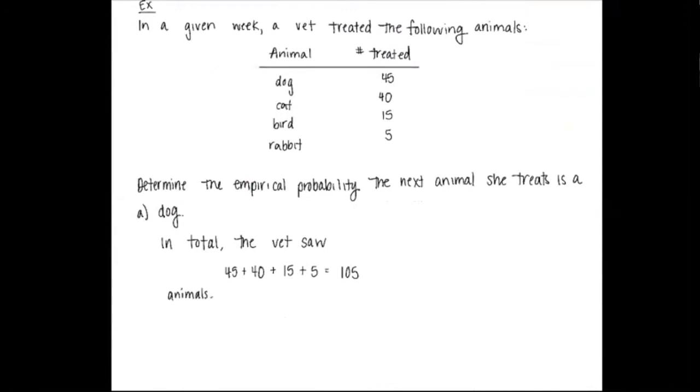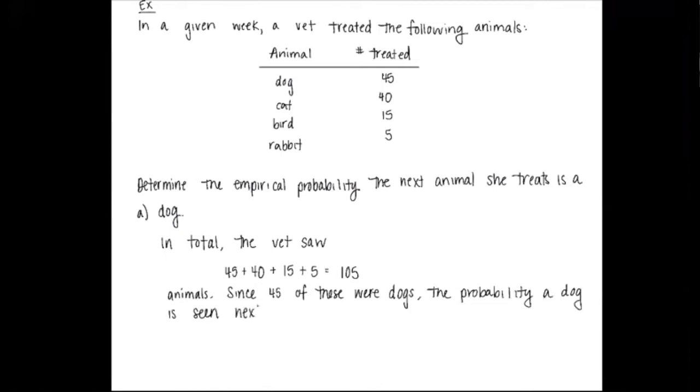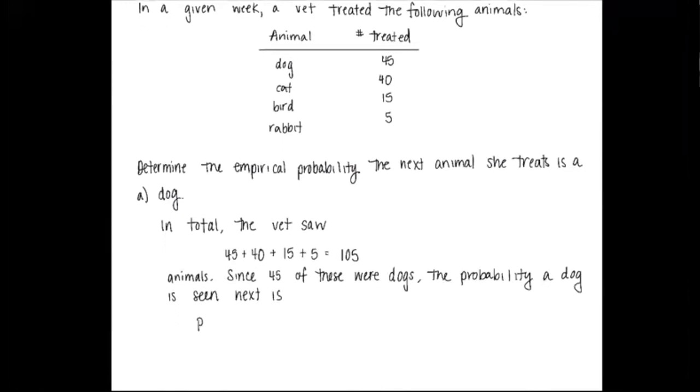So what would your probability of a dog be then? 45 over 105. Got it. So since 45 of these were dogs, the probability a dog is seen next is, and I'm going to write it with this notation, use P to indicate probability.